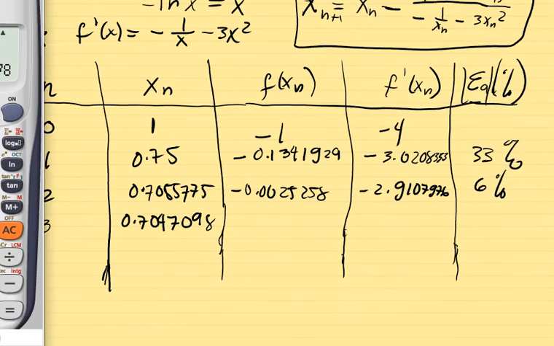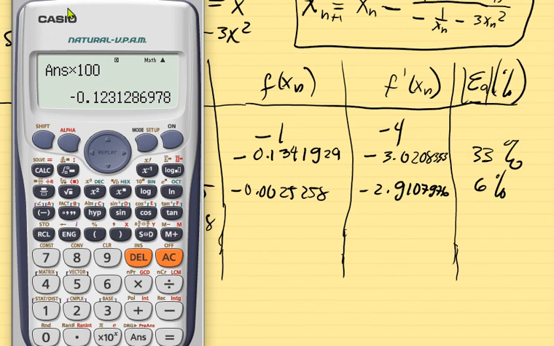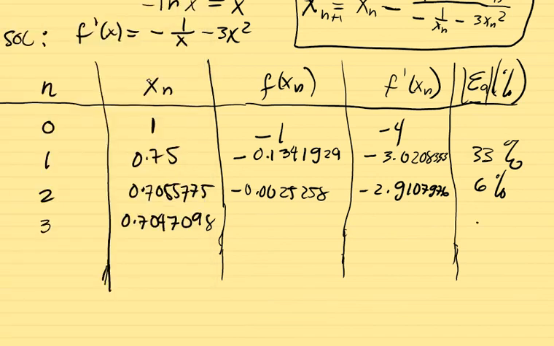It's 0.12%. So we still need to continue our iteration here.